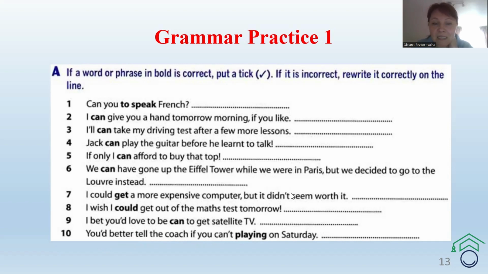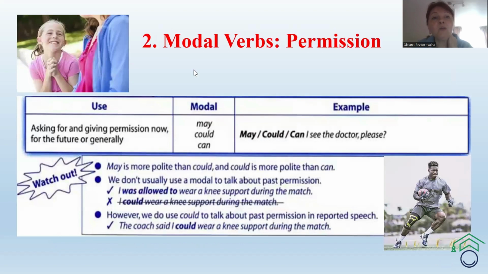Thank you very much. So let's go to the second meaning which modal verbs can add to the main verbs. Permission. Permission means when we're allowed to do something. Asking for and giving permission now, for the future, or generally, we use may, could, can.